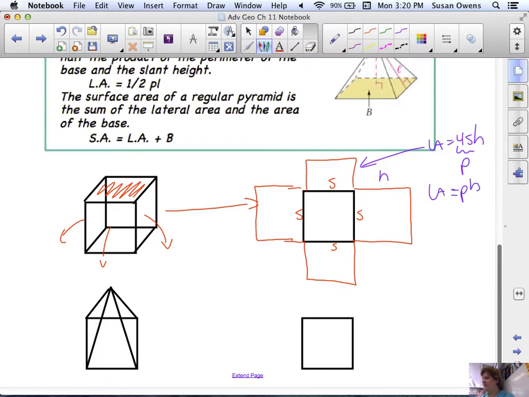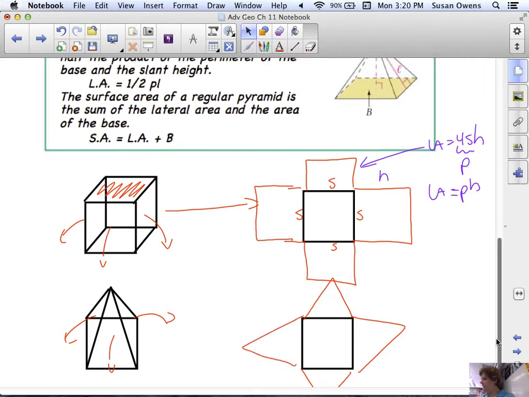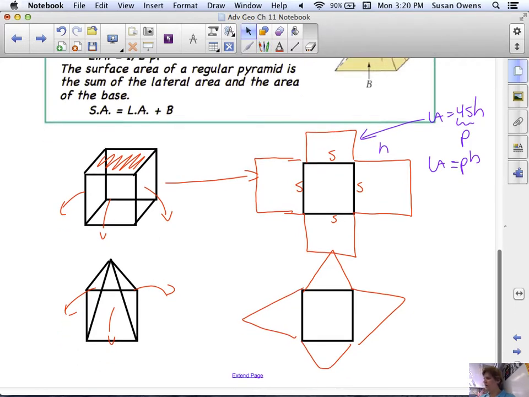Now we can do a similar drawing for this one. If you open this one up, what you would end up getting is the base would be the same, but instead of getting squares or rectangles, you would end up getting triangles. And if you take a look, the base, you're still going to get this perimeter thing happening.